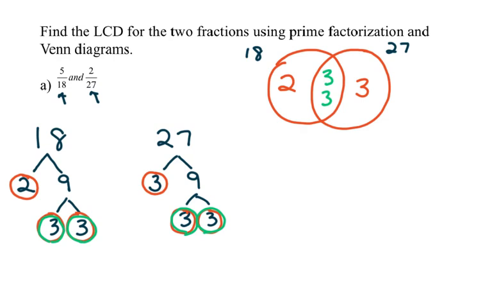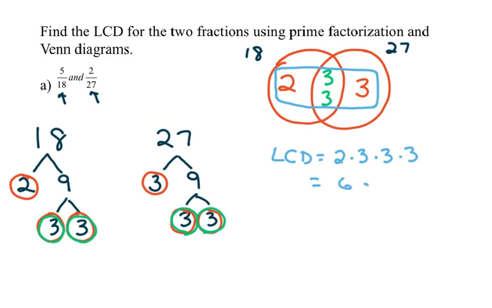From here, we look at our Venn diagram, and our least common denominator comes from all the factors, both common and not common with each other. And so the least common denominator will equal 2 times 3 times 3 times 3. 2 times 3 is 6. 3 times 3 is 9.